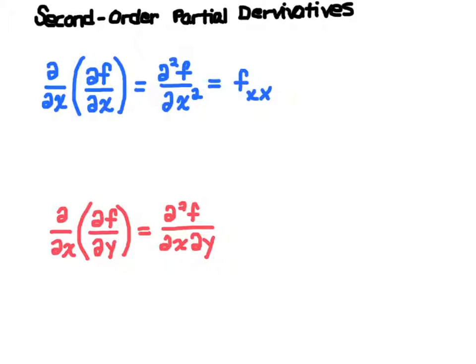And this bottom one can be written as the partial derivative first taken with respect to y and then with respect to x. So these are the different ways for expressing second order partial derivatives.